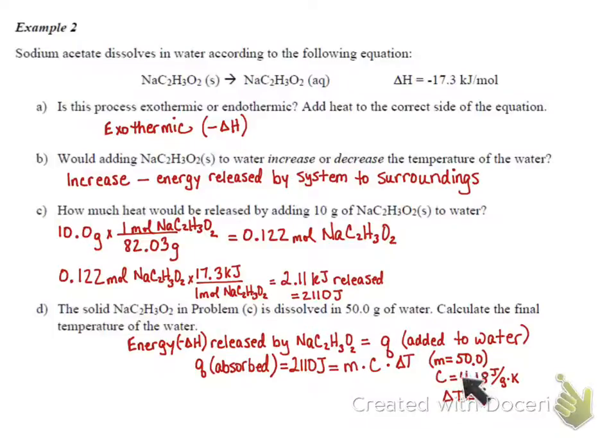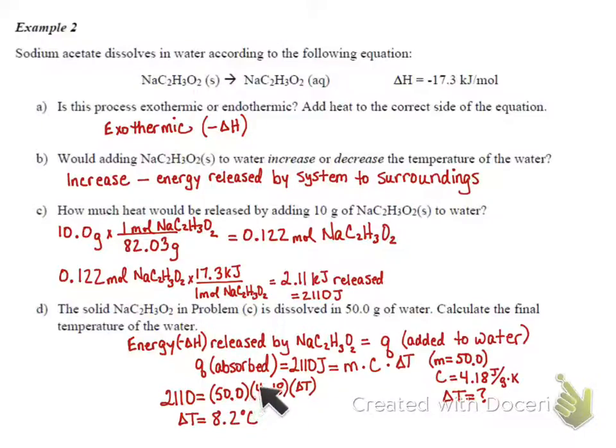So mass is 50, heat capacity is 4.18. We're going to solve for the change in temperature. So plug that into our equation. Solving for delta T here, we get 8.2 Celsius.